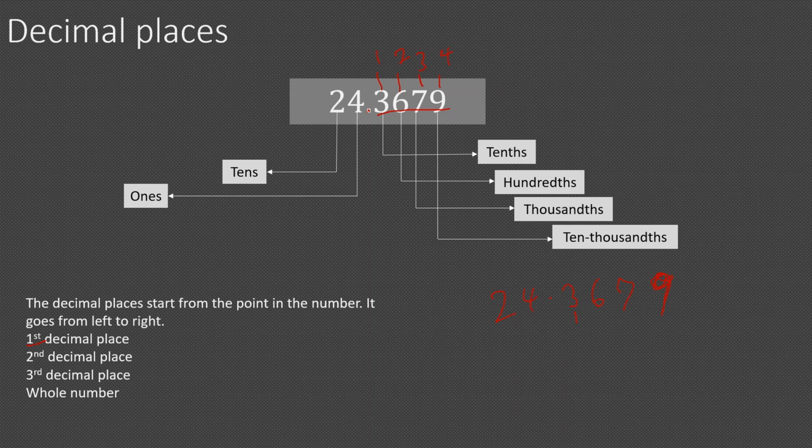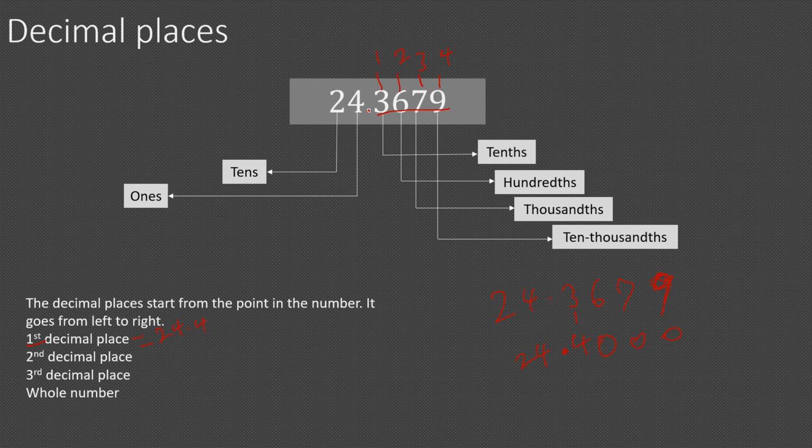Now 6 can round up because it's in the range of 5 to 9. So you can round the 3 up by adding 1 to it. Adding 1 turns it to 4, and then the numbers after will be turned to 0. So this will be 0, 0, and 0. And then we have the numbers before it remaining. So 24.4000, otherwise known as 24.4.